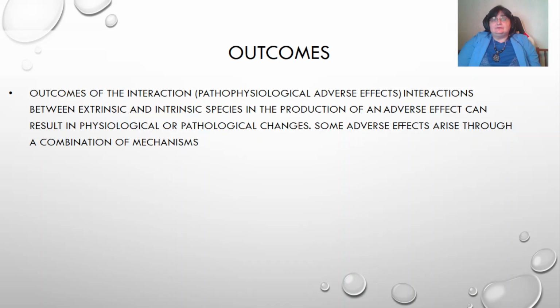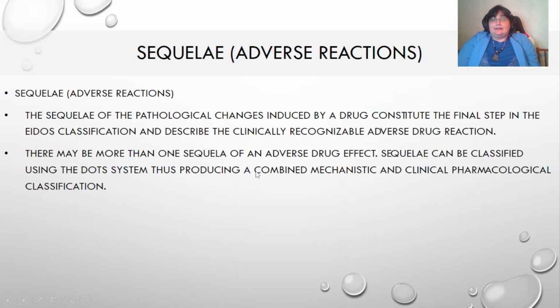Outcomes. Outcomes of the interaction, pathological adverse effects. Interaction between extrinsic and intrinsic species in the production of an adverse effect can result in physiological or pathological changes. Some adverse effects arise through a combination of mechanisms. Sequelae.